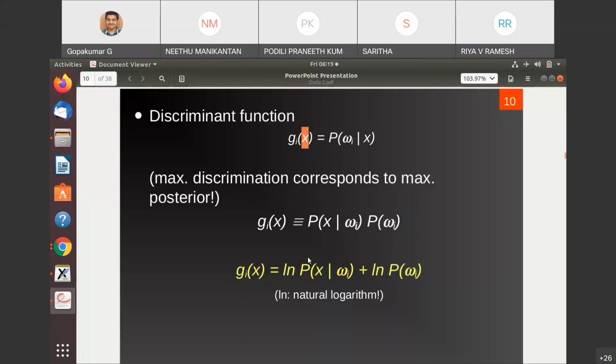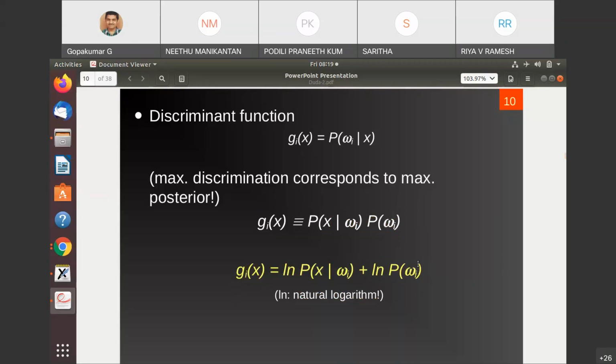For the same feature vector, we are discussing all this. So this is an alternative way to represent it. Suppose we take the natural logarithm, then we will get g i of x equal to ln of the probability of x given w i plus ln of the prior probability.